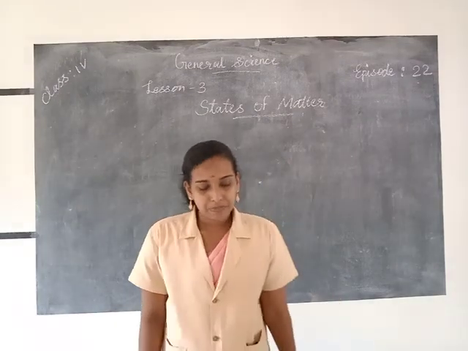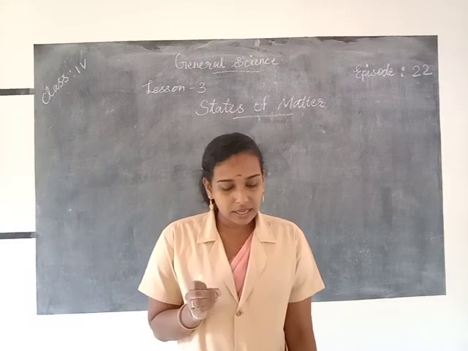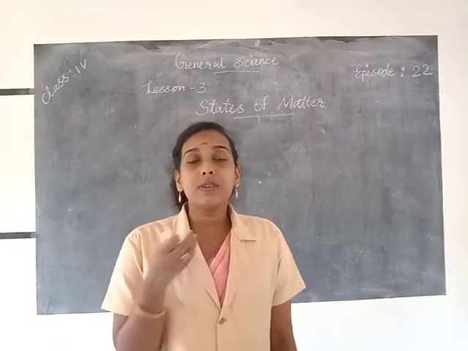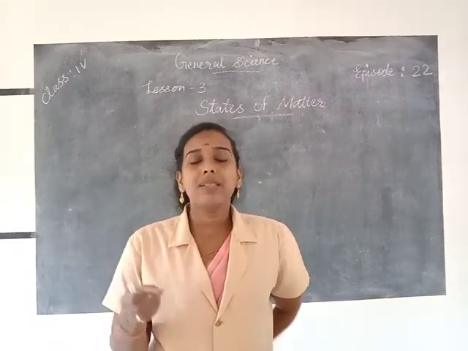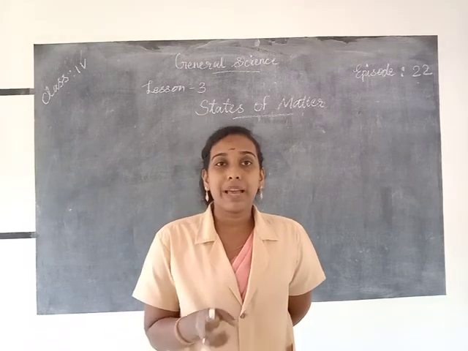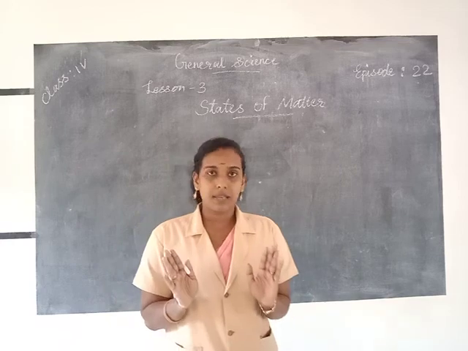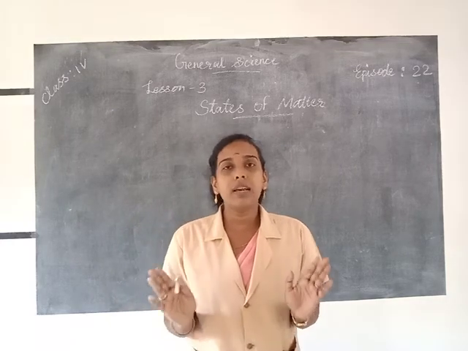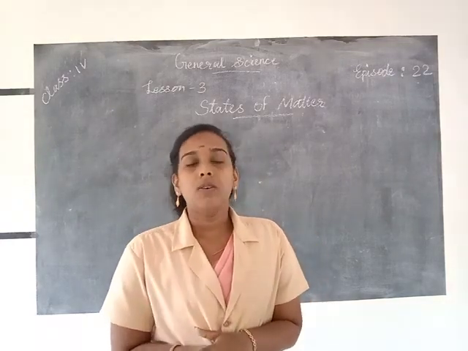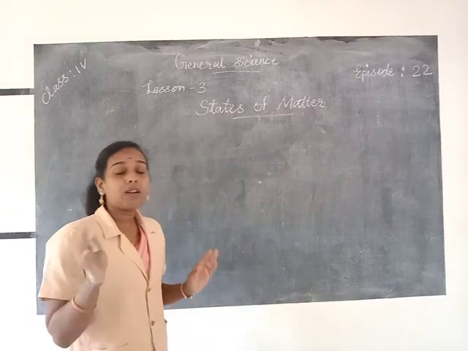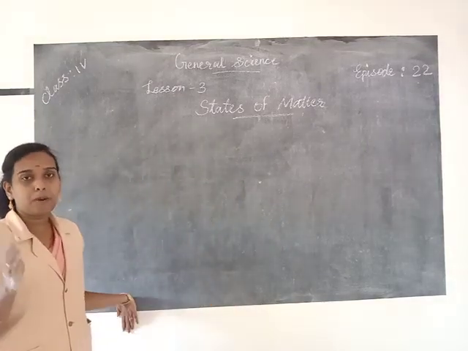And here we know that our body is also made up of matter. Matter is anything which occupies space and has weight. For example, all living and non-living things are made up of matter.